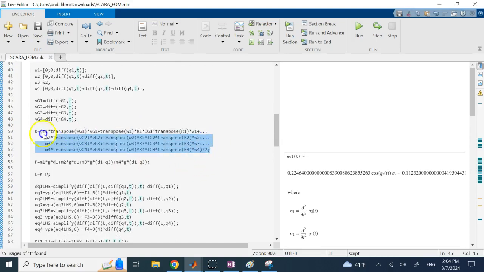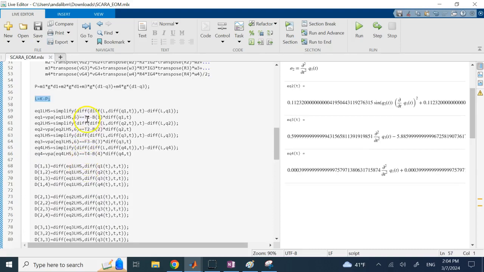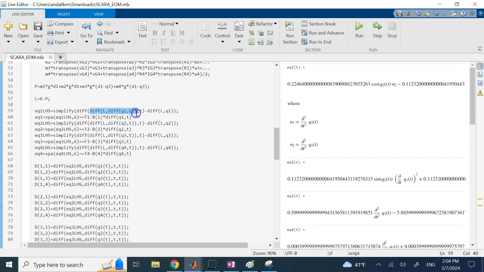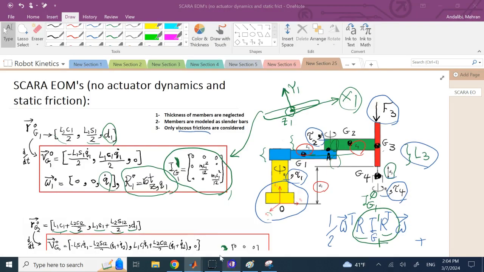K is simply adding all the translational and rotational terms. P is simply adding the MgZ's. L is the subtraction of K minus P. And here you see that this is the derivative of L with respect to Q1 dot, right? Partial of L with respect to Q1 dot, and then the time derivative of that. That is this first term here.